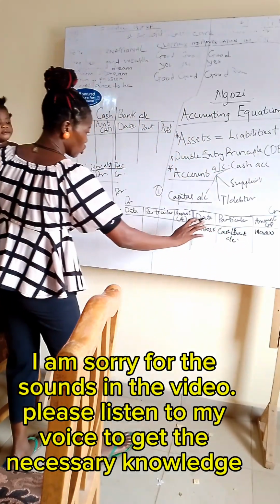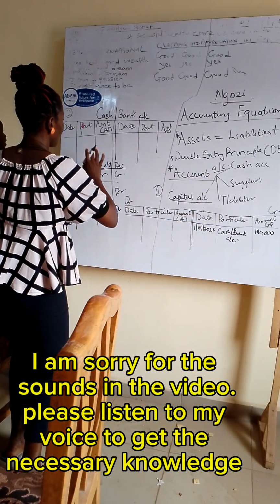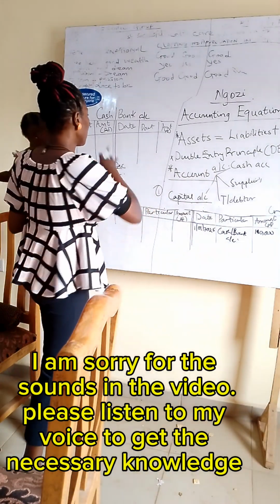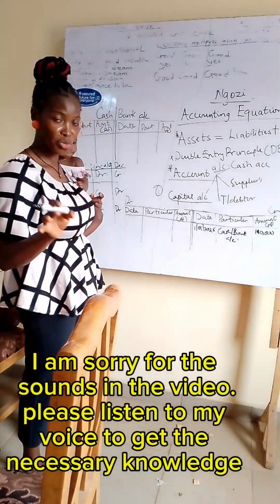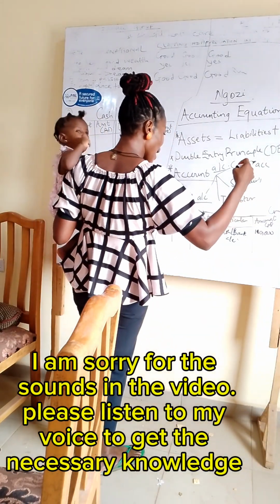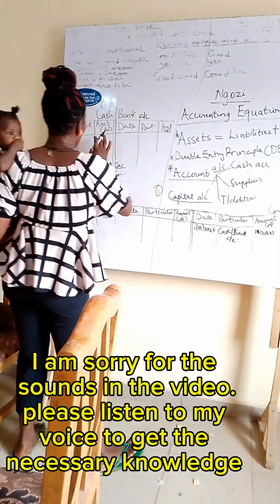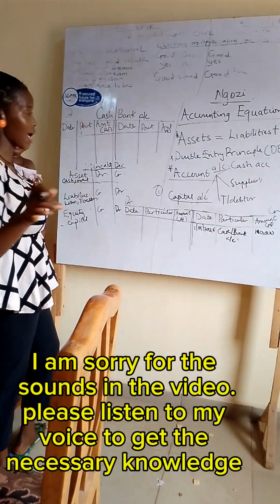Okay, so that's that. We will now do the second posting here. The second transaction here. So you are doing double entry. We've done the first entry on the credit side of one account, and now the second entry will be done on the debit side of another account.